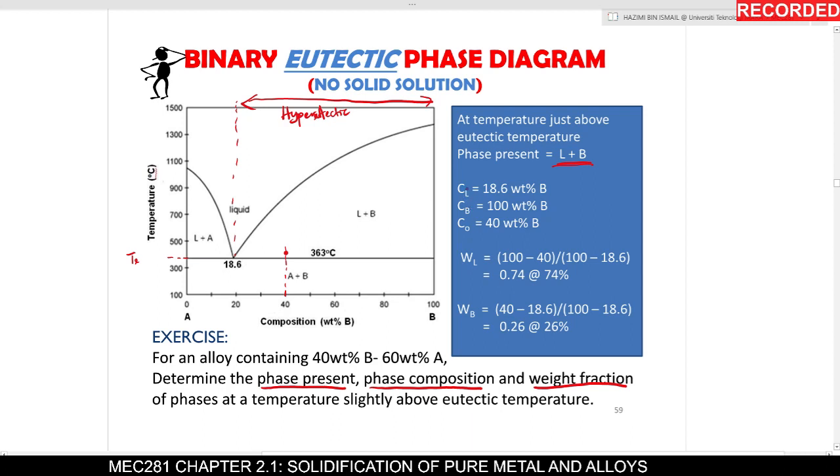Here the overall composition C0 is 40%, and then Cl is at 80.6, just below 20 here. And then how do we find the weight fraction?